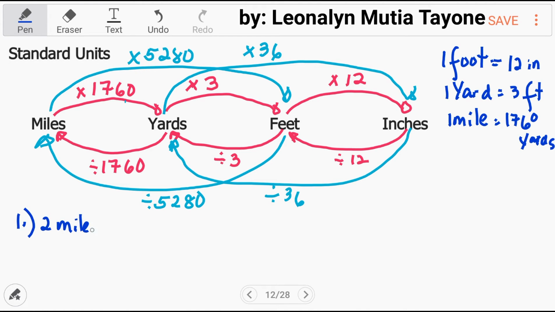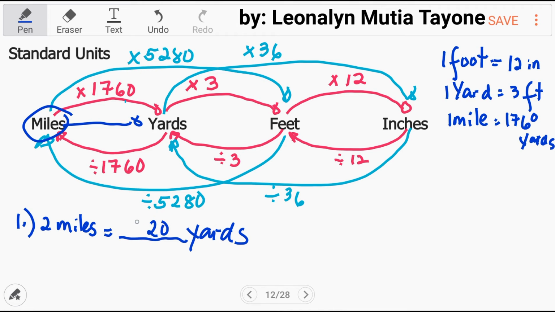2 miles is equals to how many yards? Miles to yards. So, i-multiply mo lang sa 1,760 itong 2 natin. And that is 3,520. Another way, 2 miles, tapos i-multiply natin, dapat ang lalabas ay yards.